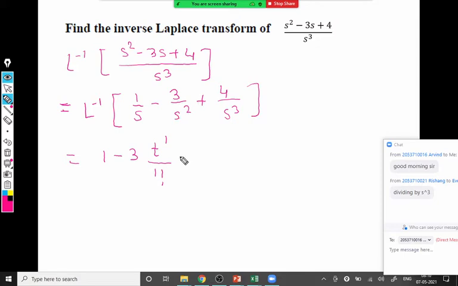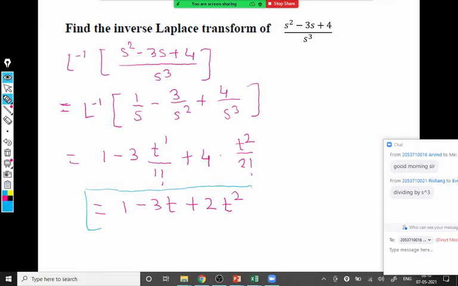Now tell me for 1 upon s cube. It's t square by 2 factorial. Correct. Now let me write a simplified answer: 1 minus 3t, this 2 factorial is 2 only, plus 2t square, and that is the end of the question. We have the L inverse of the given function as a function of t.